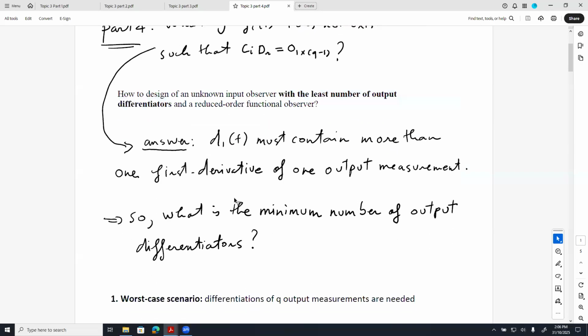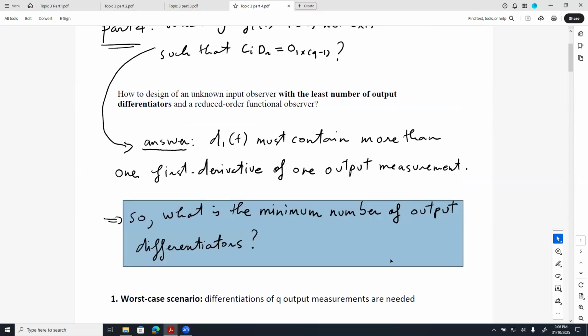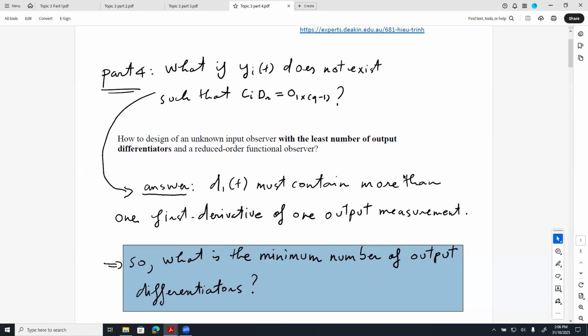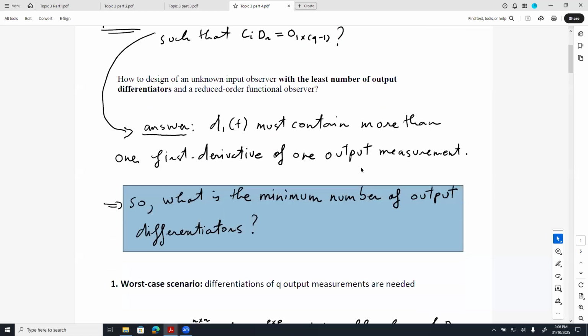What is the minimum number of output differentiators that we can employ? That will give us a good outcome, because that will still give us a simple observer structure. Even though we can't use one output differentiator, we want to use the minimum number of output differentiators. Okay, so we're going to address that issue.